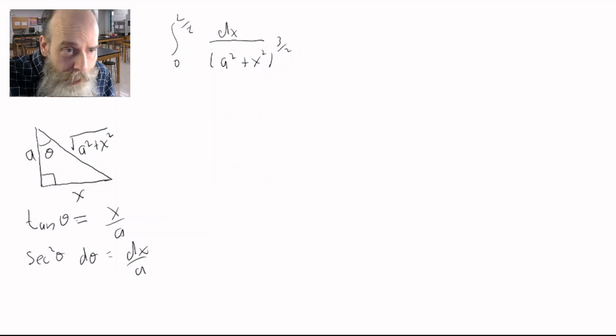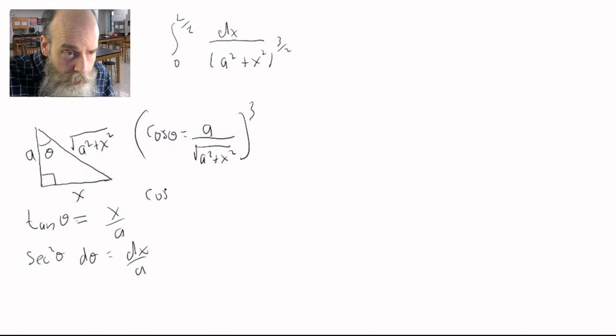The next thing is to find a squared plus x squared to the 3/2 in terms of theta. Well, again, let's look at our triangle. Cos theta is adjacent over hypotenuse. That's a over square root a squared plus x squared. Well, we want a squared plus x squared to the 3/2, so let's cube this whole equation.